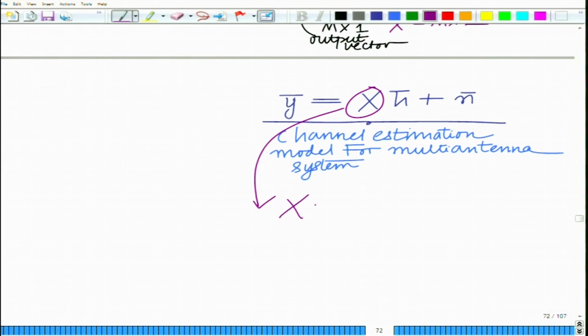You can denote it by X or Xp, it is the same thing. So, this X equals the pilot matrix and this is of size m cross L.